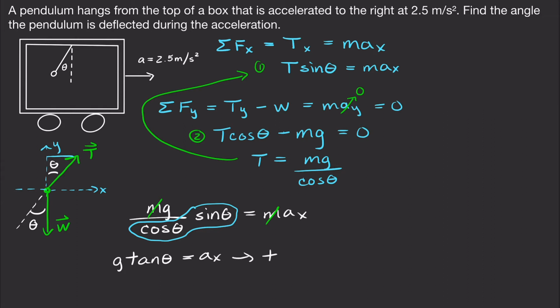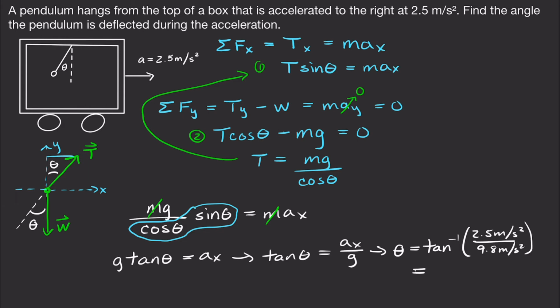And now I can solve this for my angle, so I get tan theta equals a_x divided by g. And taking the inverse tangent of both sides, theta equals tan inverse of 2.5 meters per second squared over 9.8 meters per second squared. And the angle that my pendulum makes is going to be 14.3 degrees.